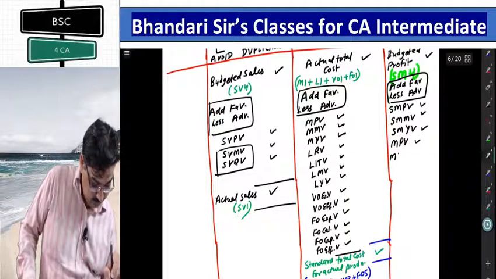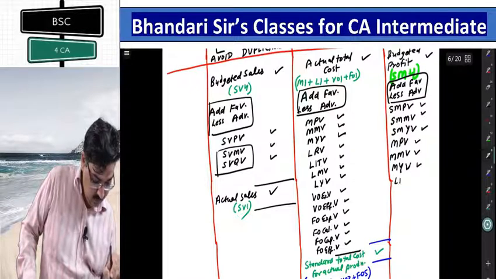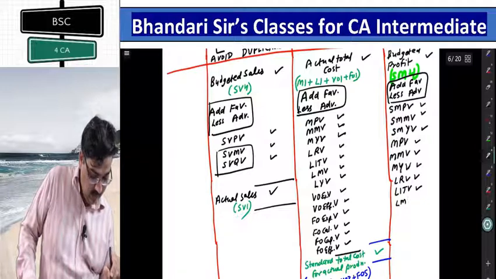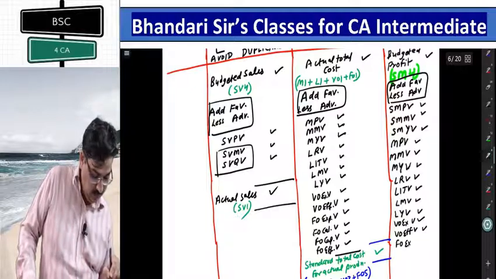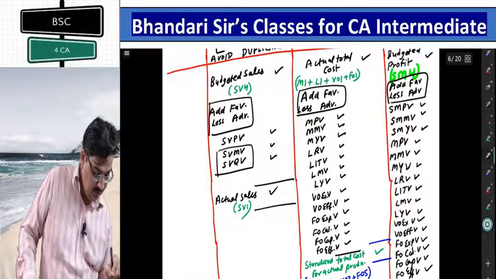MPV, MMV, MYV, LRV, LITV, LMV, LYV. Variable overhead expenditure variance, variable overhead efficiency variance, fixed overhead expenditure variance, fixed overhead calendar variance, fixed overhead capacity variance, fixed overhead efficiency variance.